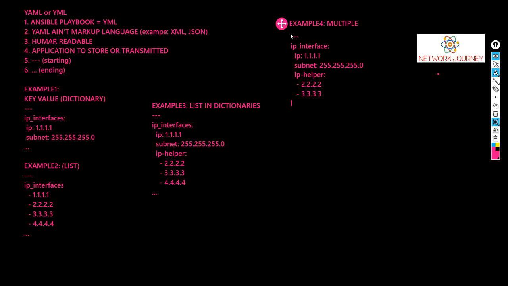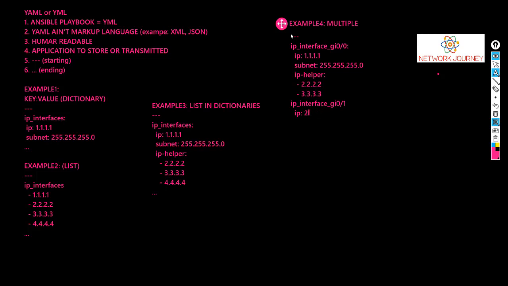So let's say you have something else now. Apart from the first interface, let's say this is for GI0/1, and now you want to have something similar on the second interface. You can keep the same format, that is IP.